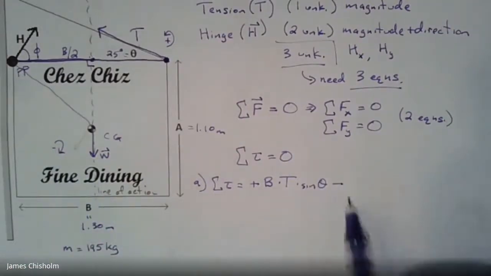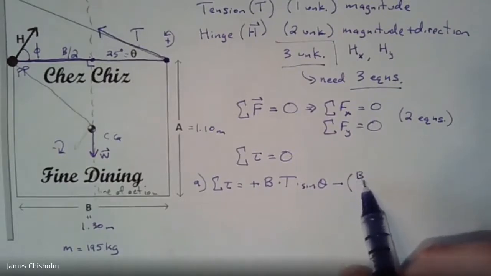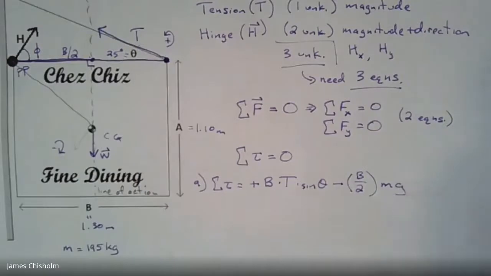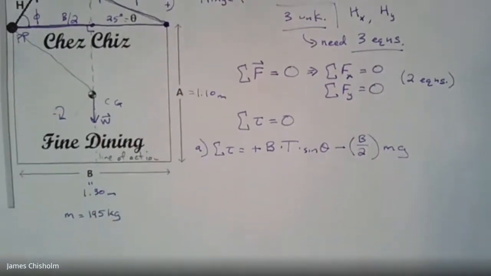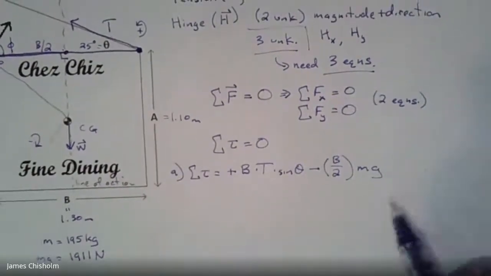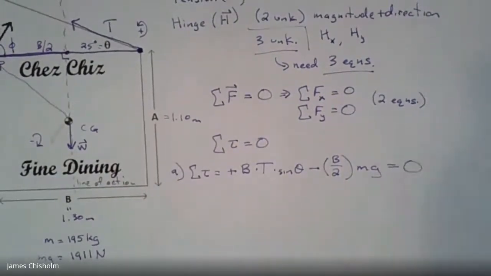So minus our lever arm, which is b over 2, multiplied by our weight, which is just mg. So notice that if we want to, we can plug in that our mg is 1,911 newtons, from mass multiplied by 9.8. But coming back to our torque equation, we said this is going to add up to 0.